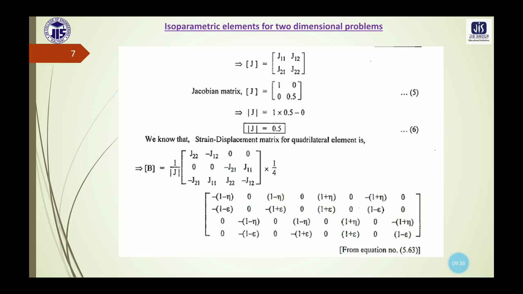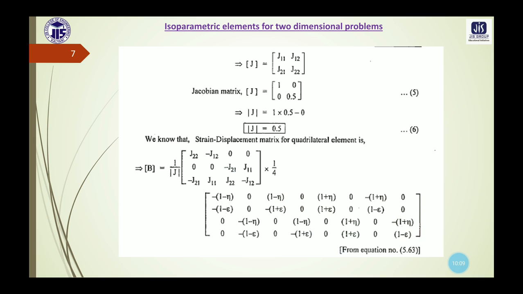It is the B matrix, which is 1 by the determinant of J, then a 3 by 4 matrix multiplied by 1/4, then it is also multiplied by another matrix, which is a 4 by 8 matrix.